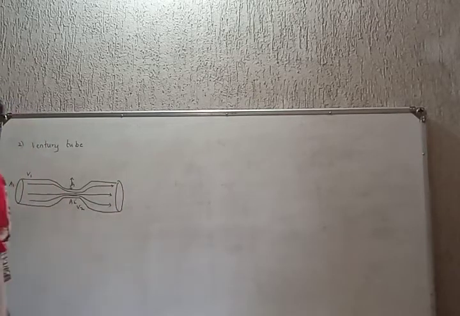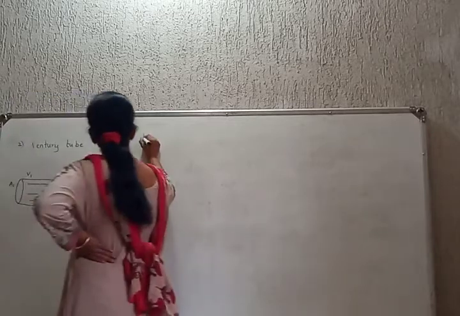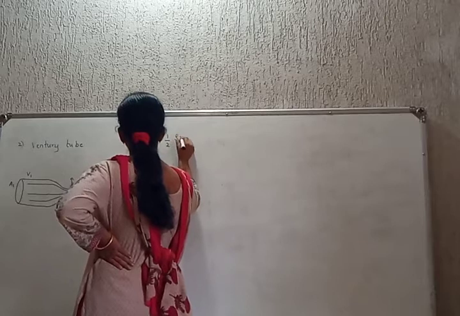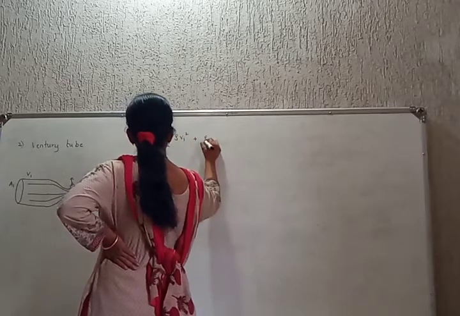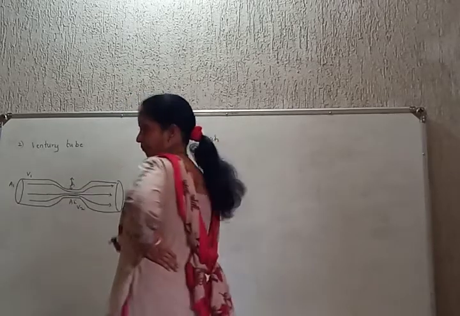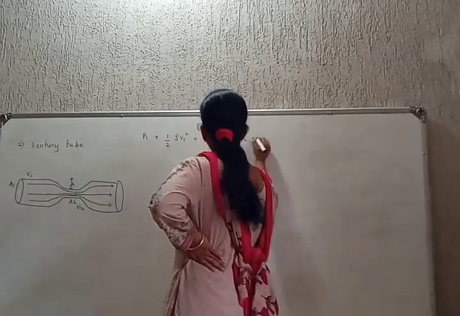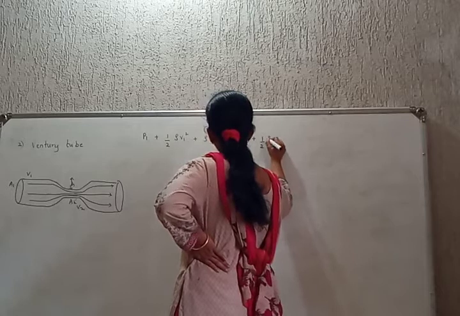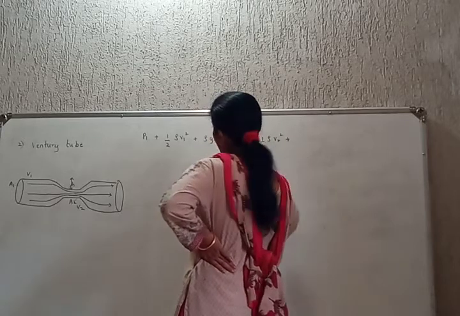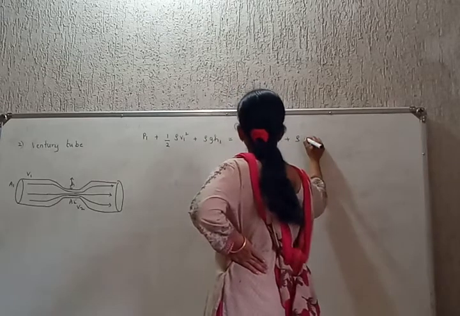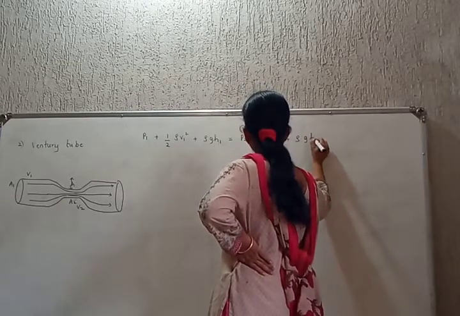What is the Bernoulli's application? P1 plus half rho V1 square plus rho GH1 is equal to P2 plus half rho V2 square plus rho GH2.